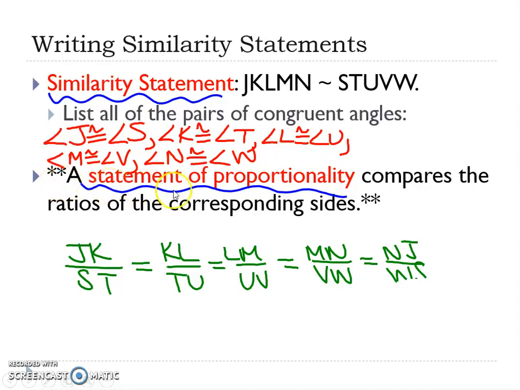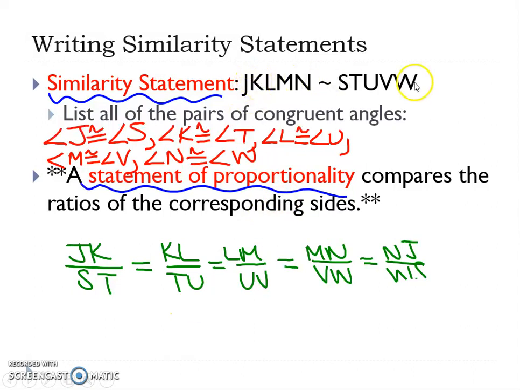We need to write a statement of proportionality that compares the ratio of two corresponding sides. So this is important. You need to write that JK corresponds to ST and they are proportional. So JK to ST, and then KL to TU, they are proportional.